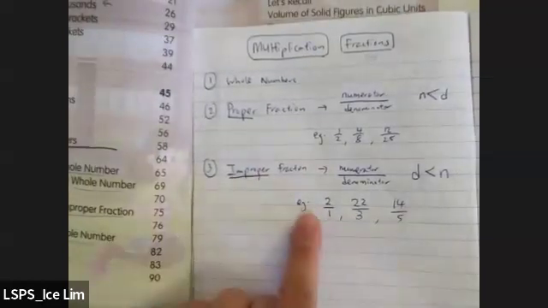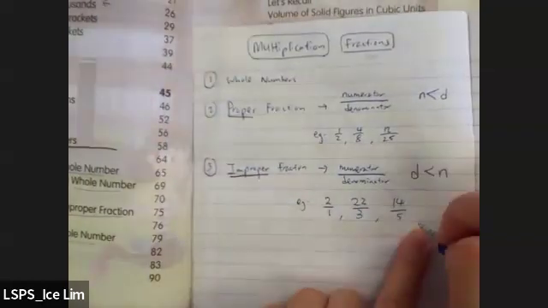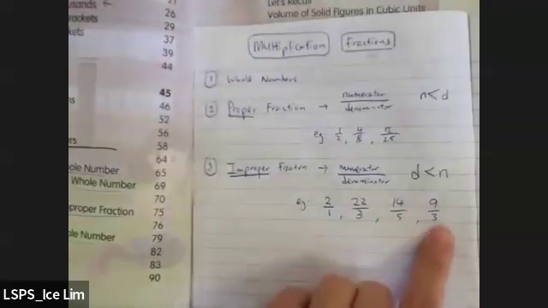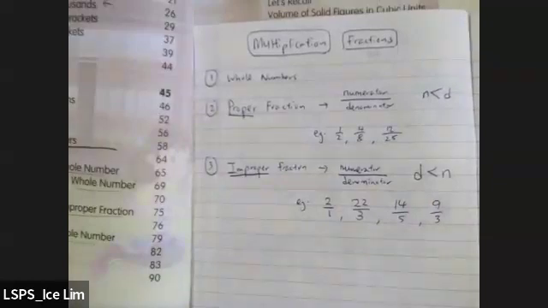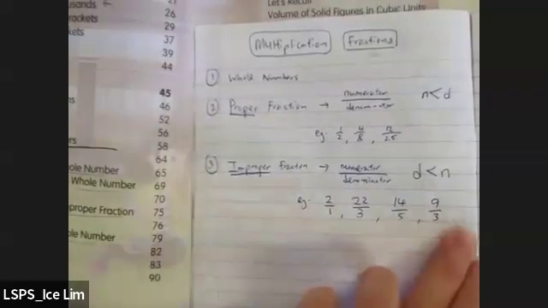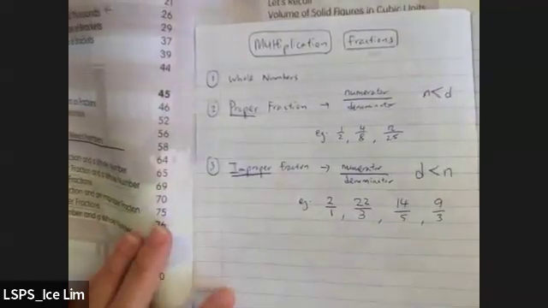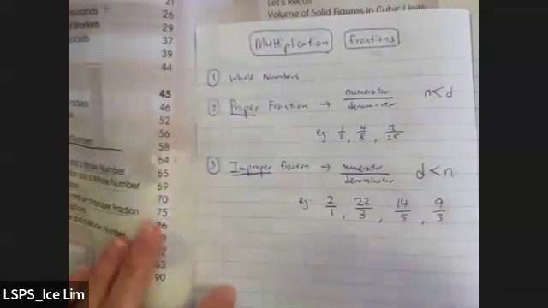So all these are improper fractions. 2 wholes is improper. I can say 9 thirds, that's also improper. 9 thirds will give me 3 wholes. So these are all improper fractions. Okay, then the next identity will be mixed number.